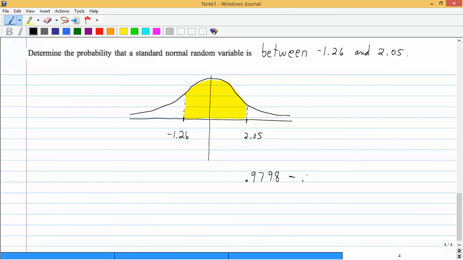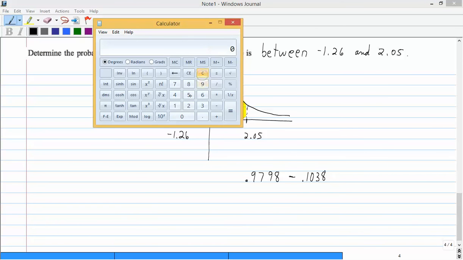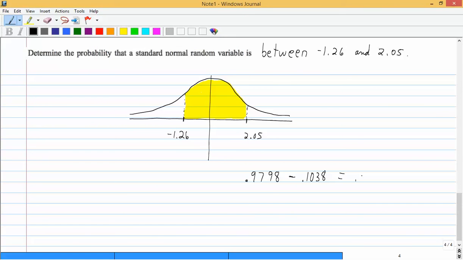So 0.9798 minus 0.1038, I get 0.876. So what that means is this shaded part up here, that's 0.876.